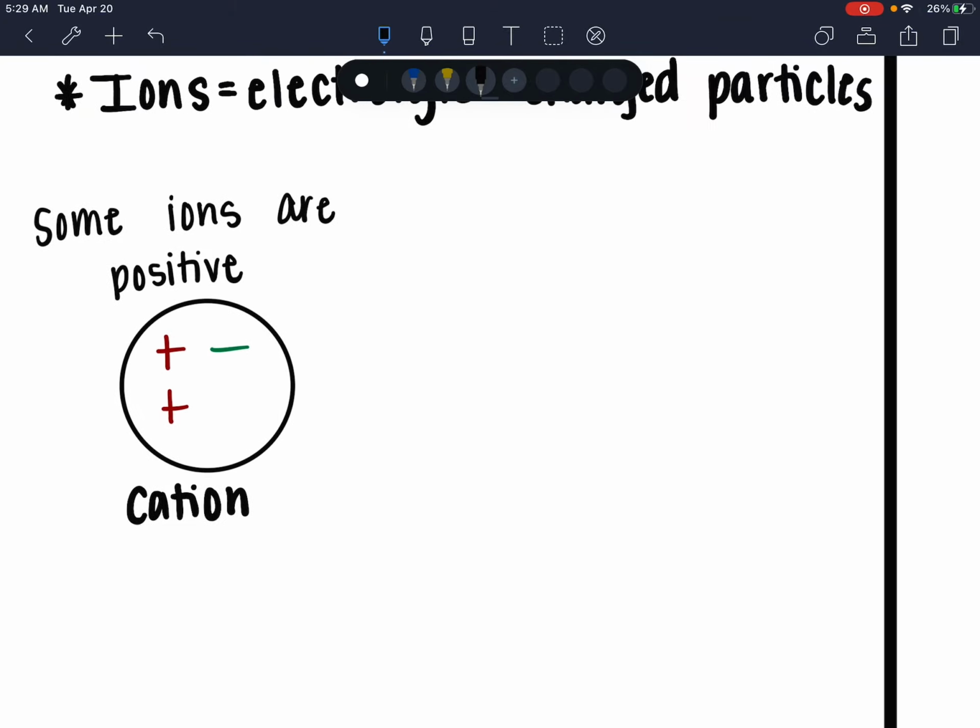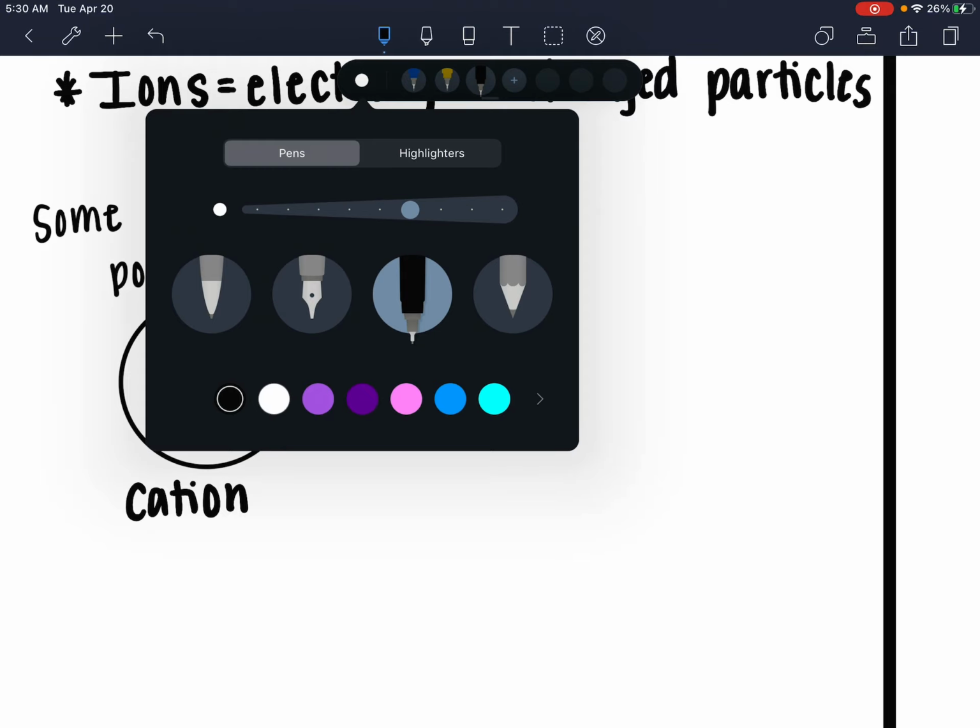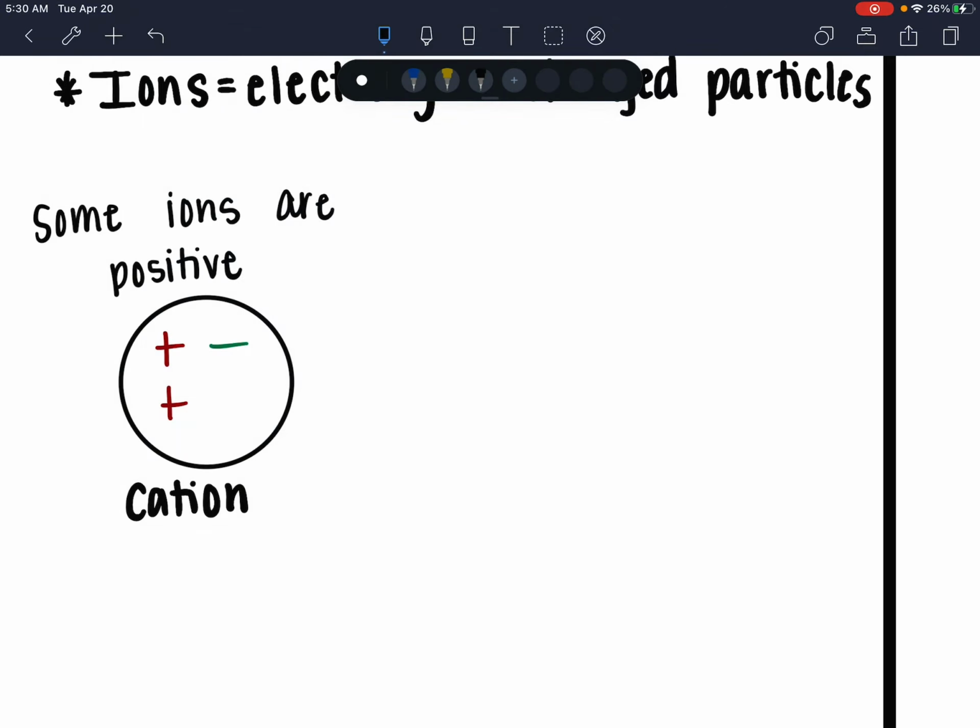I like to remember that cations are positive because, well, it's kind of funny. Cats have paws. Get it? So they're positive. Anyway, you'll never forget it if you remember that. So cations are the positive ions, and then some ions don't form positives. Some ions overall are negatively charged.